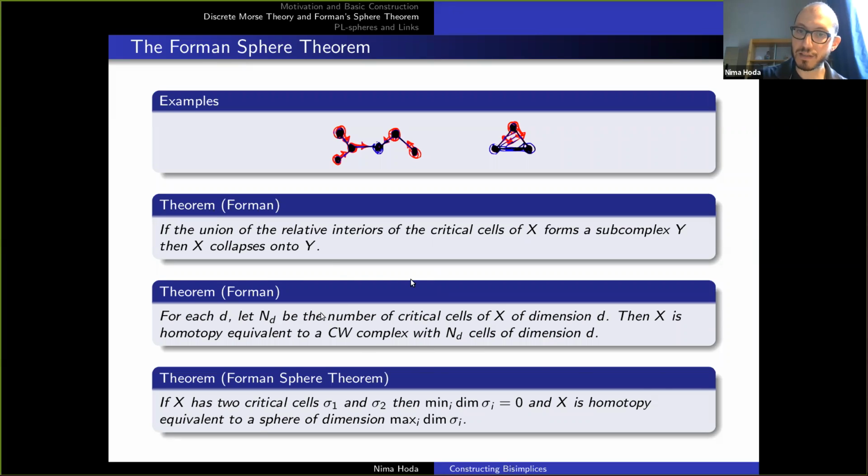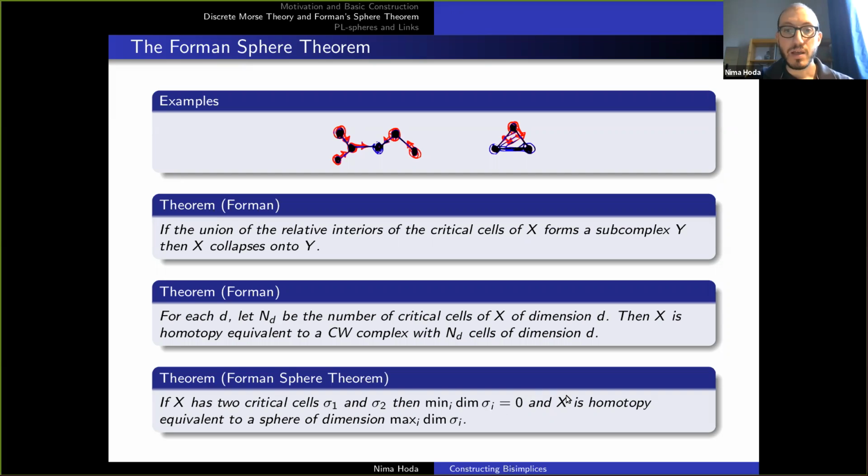And as an immediate consequence of this theorem, we have Forman's sphere theorem, which says that if X has two critical cells, sigma 1 and sigma 2, then first of all, one of those critical cells has to be of dimension 0, because if X is homotopy equivalent to a CW complex with two cells, well, any non-empty CW complex has at least one vertex.